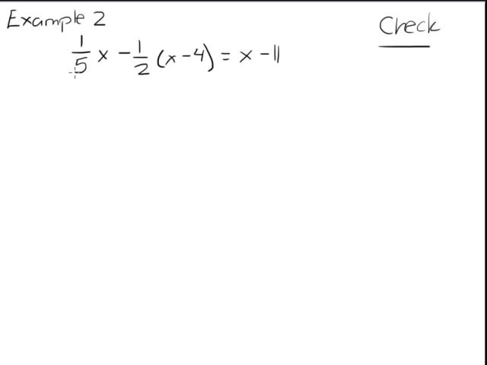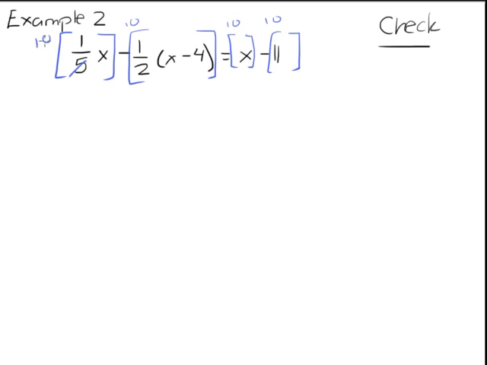Alright, so here I have 1 over 5x minus 1/2 in brackets x minus 4 equals x minus 11. So first I have to figure out what x is. So I'm going to solve for x. First I have to multiply each term by the greatest common factor so I could get rid of these denominators. So in order to get rid of the denominators, I'm going to times everything by 10.